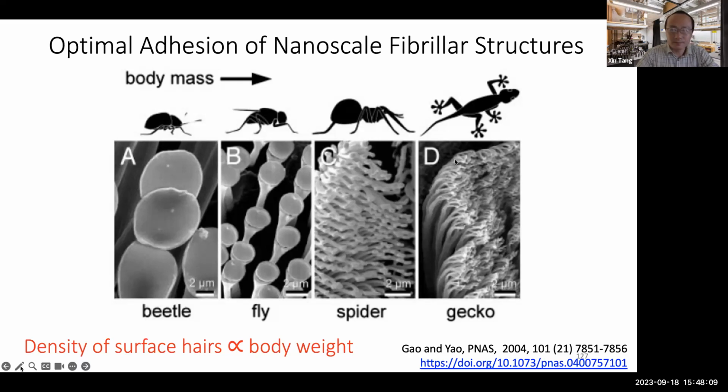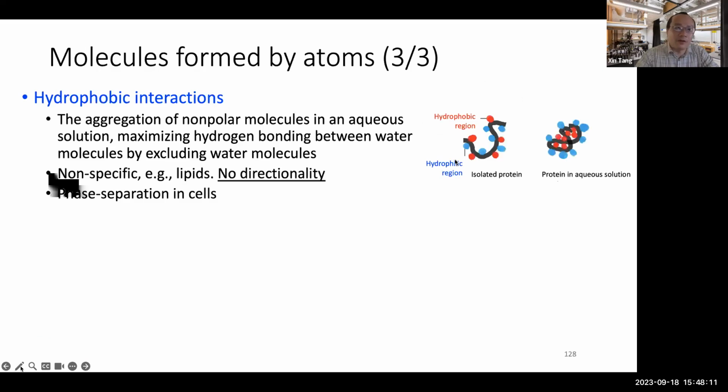Right? Number 5 of the interactions is called hydrophobic interaction. This interaction actually is because the molecules contain both a hydrophobic region and a hydrophilic region. Hydrophobic means the molecule hates the water, such as lipids.